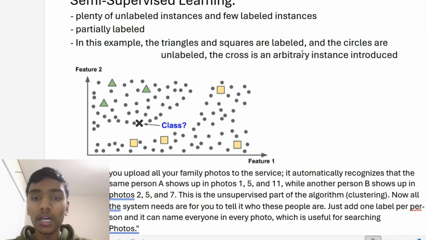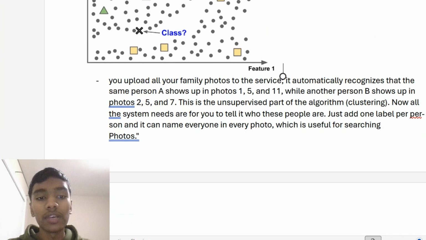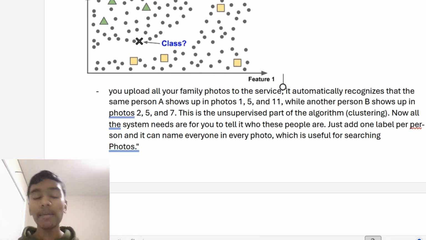A better example, I would say, would be Google Photos. Let's say you upload all of your family photos into Google Photos. Google Photos can go through and identify people who are the same, right? In that instance, you're giving unlabeled data, just pouring in all your family photos.